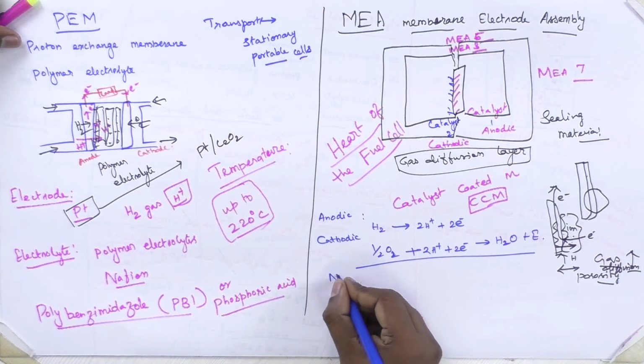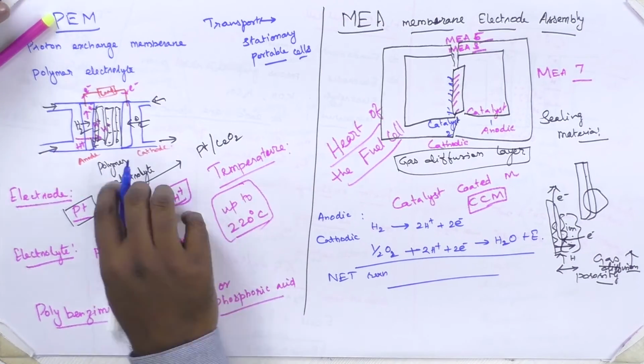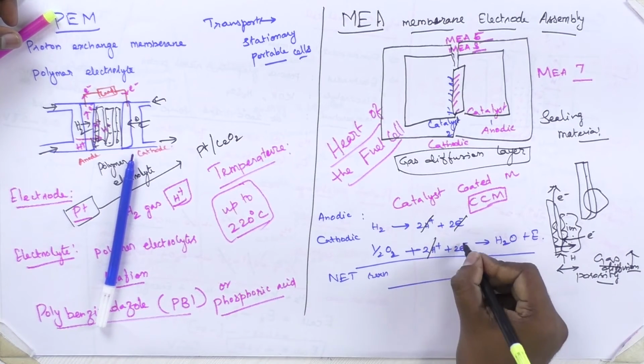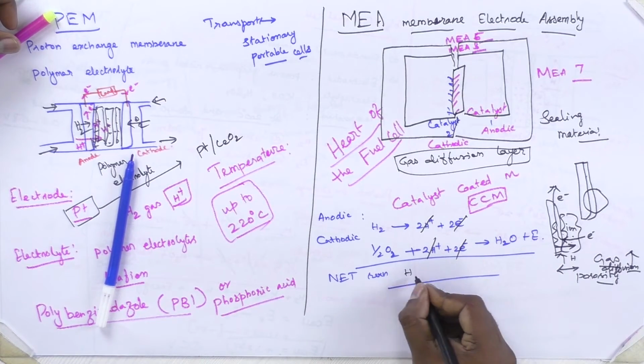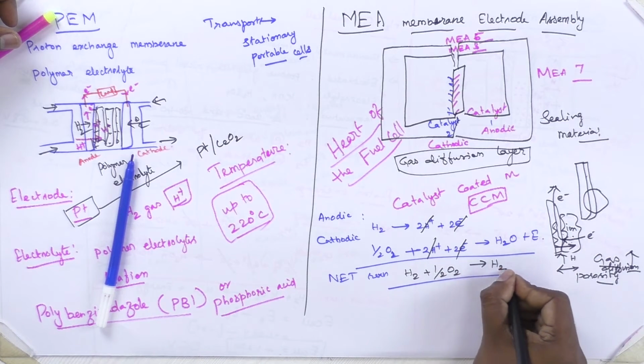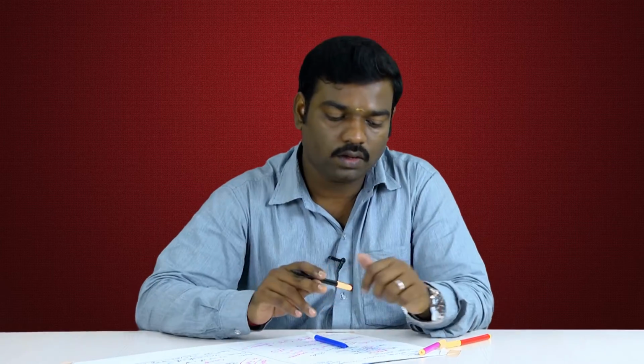And the overall net reaction: we have to eliminate the 2H plus and 2H plus, 2 electrons and 2 electrons. So the remaining part is H2 plus O2 gives H2O plus energy. So this is the net reaction of this system.